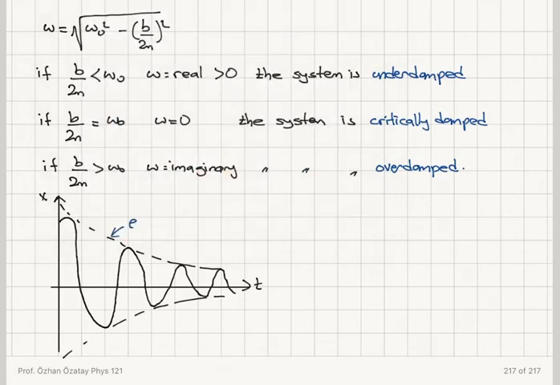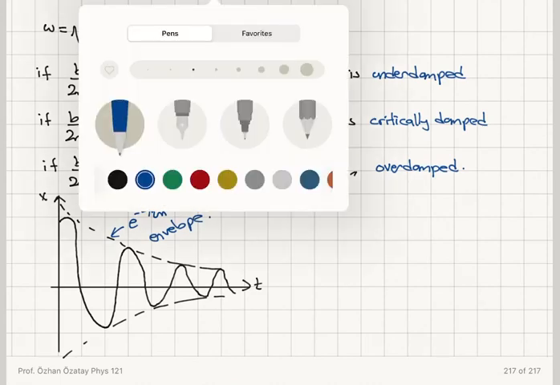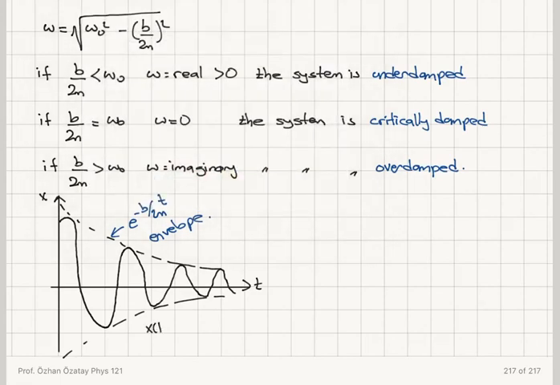So this exponential term, e to the minus b over 2m t, acts as an envelope. And the solution that I'm plotting here is a e to the minus b over 2m t cosine omega t plus phi. Which case is this? This is underdamped. So that is the situation when you have b over 2m less than omega 0, which is square root k over m.